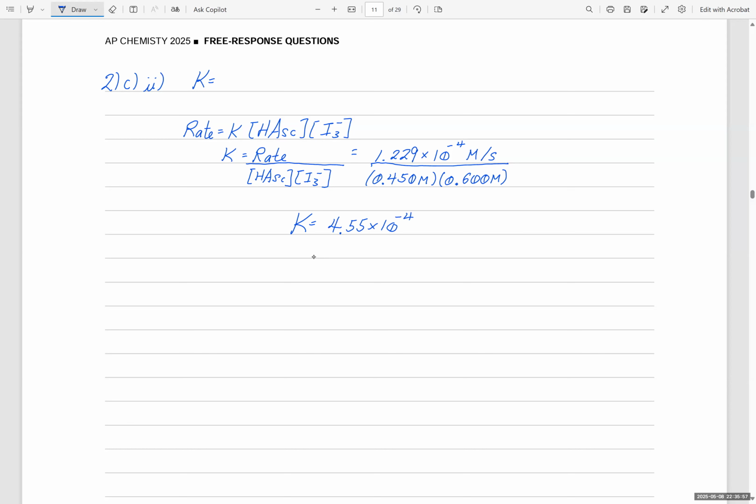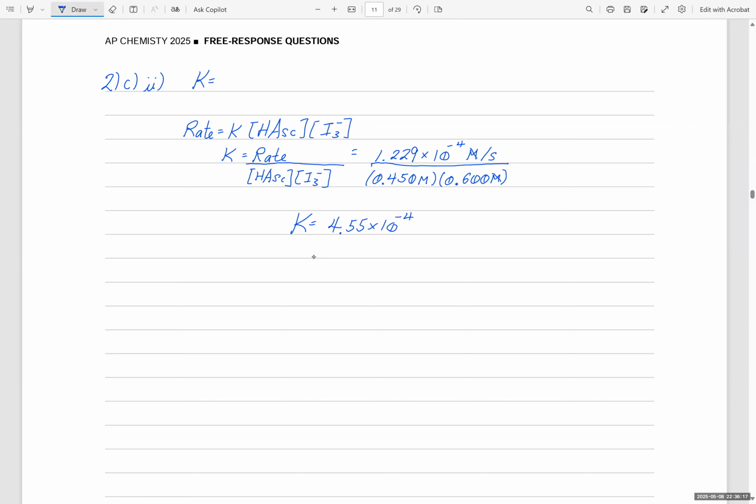Now, this is where I said I like setting this up, because let's take a look at the units, right? We know that the molarity on the top cancels out the molarity on the bottom, okay? So therefore, what do we end up with? We end up with 1 over S, 1 over M, right?